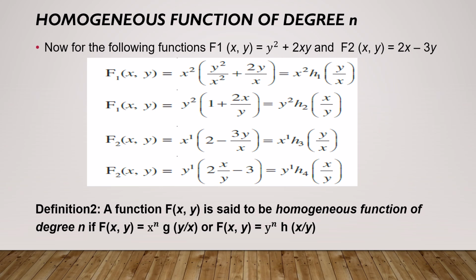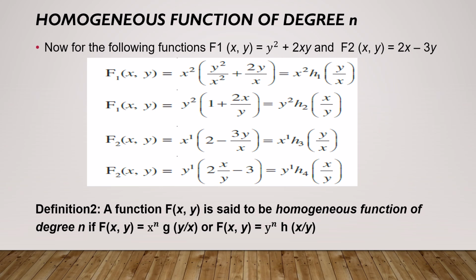Similarly, if I take y square outside, then I will get y square into bracket 1 plus 2x upon y. Now 1 plus 2 into x upon y is some function in the x upon y variable. So again I could express f1 as y square into some function of x upon y. Same way for f2: if I take x outside, I can write it as x raised to 1 into some function of y upon x. And if I take y outside, I can write y raised to 1 into some function of x upon y.